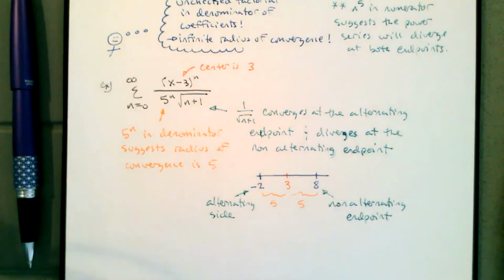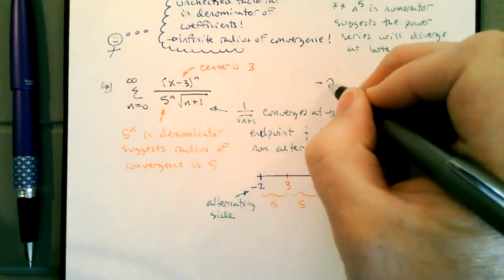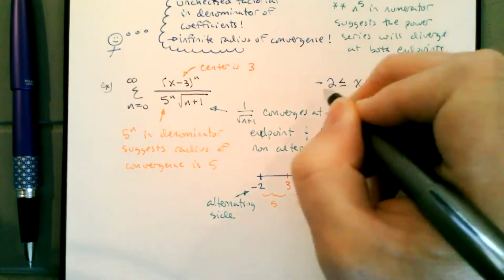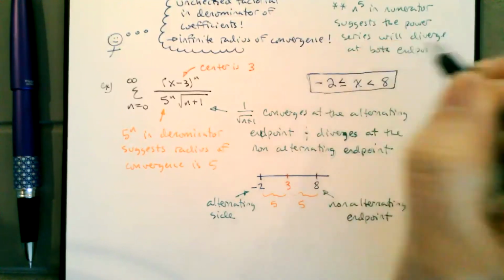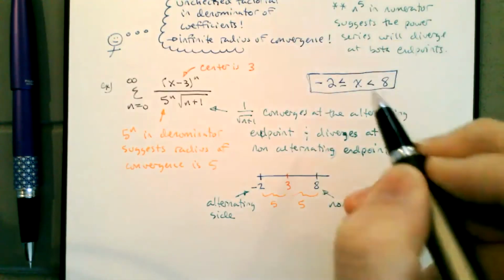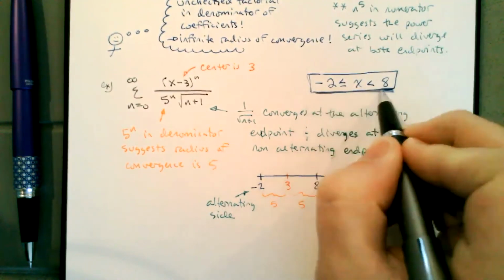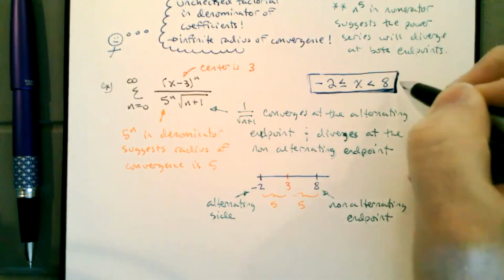So it looks like we're going to have -2 included in the interval of convergence, but 8 not included. So I'll say it's -2 less than or equal to x strictly less than 8. We'll use a compound inequality because the equalities are different, one is or equal to and the other is not, so we don't get to use an absolute value inequality.